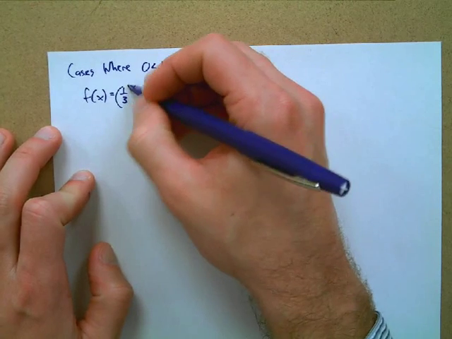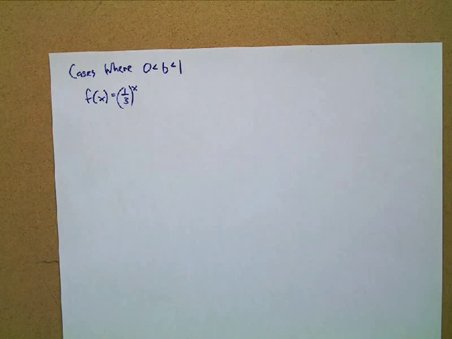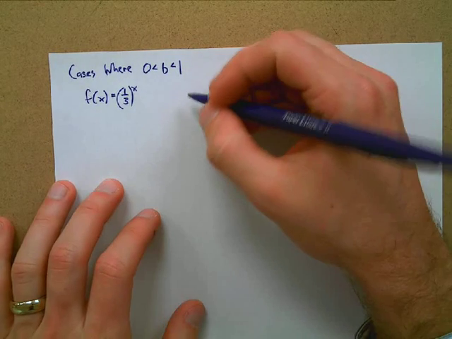All right, so let's get an idea about this. We'll use a table to help us out, get some points, and I'll use maybe the same x values. So I'll start with -2, -1, 0, 1, 2, and 3.